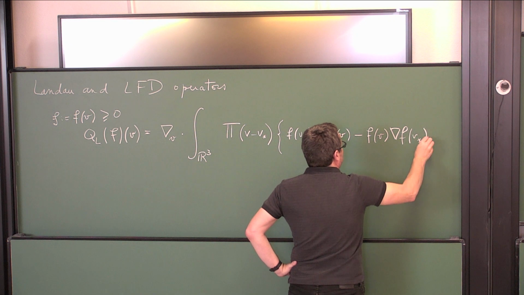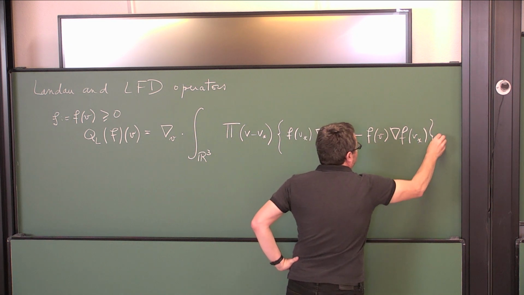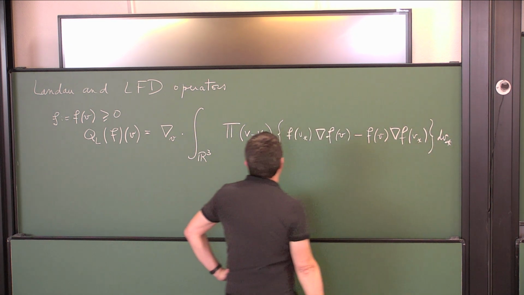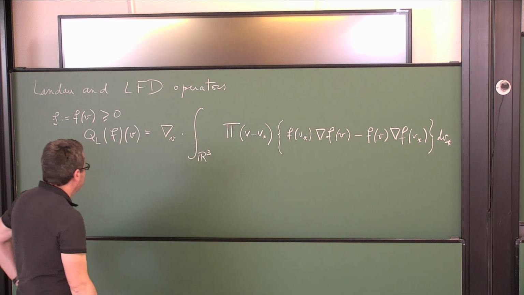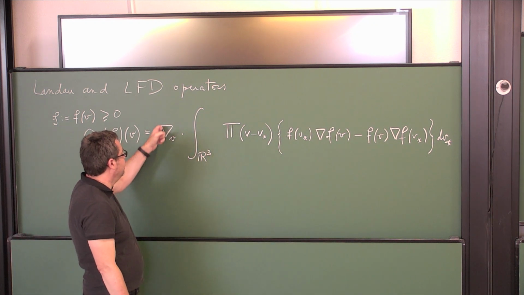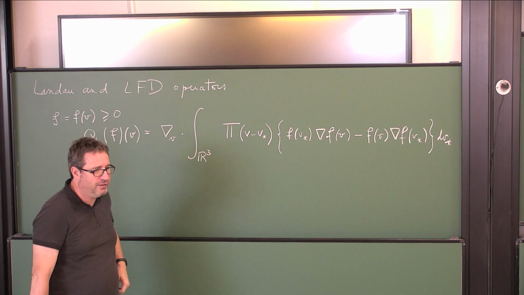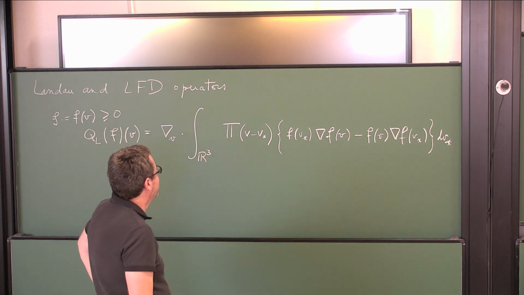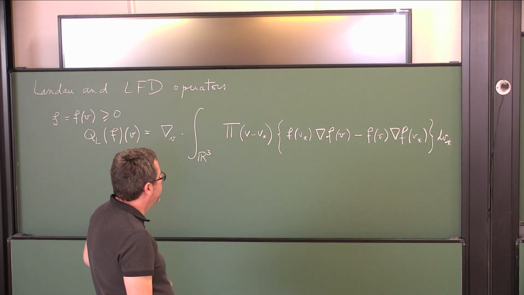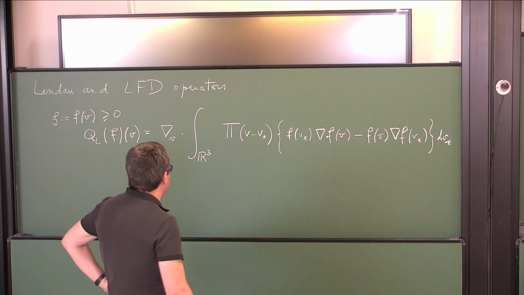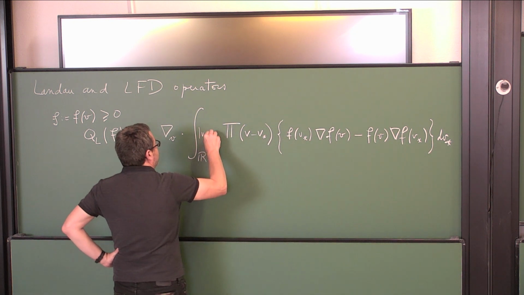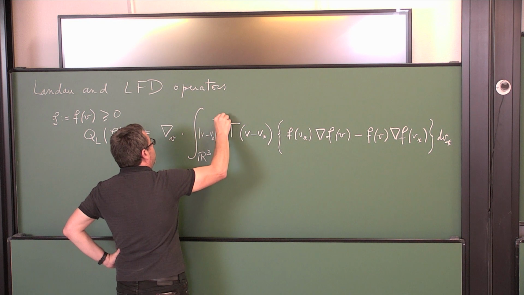So you can see that you have some kind of symmetry in the operator. Here we usually put v in the gradient, but you can sort of forget it. It cannot be anything else. And here the pi, sorry, there is then v minus v star to the gamma plus 2.